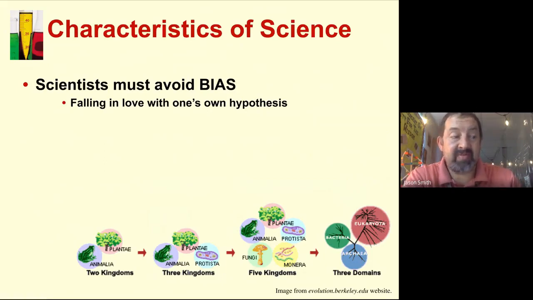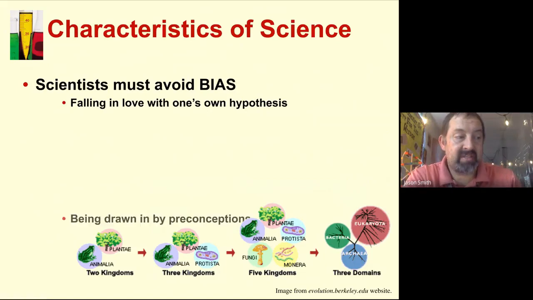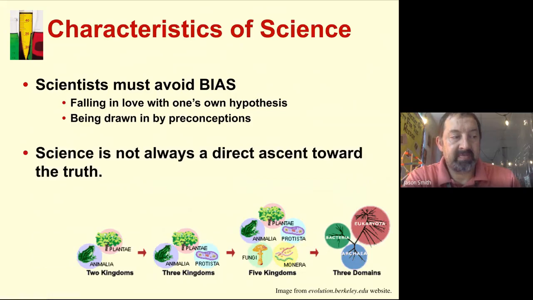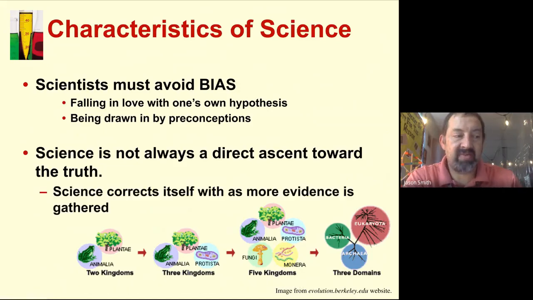And then we have to change our hypothesis. We can't be drawn in by preconceptions, those ideas that we had beforehand: this has to happen, it can only be this way. Science is not always a direct ascent toward the truth. Sometimes we have to look at other ways around and reevaluate what we're looking at. Science corrects itself as more evidence is gathered.